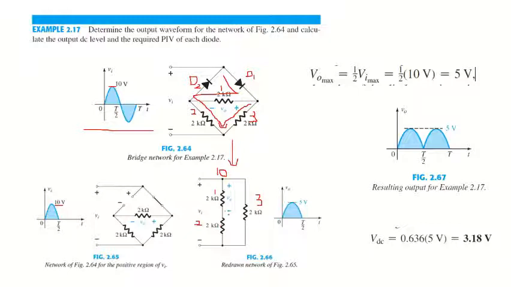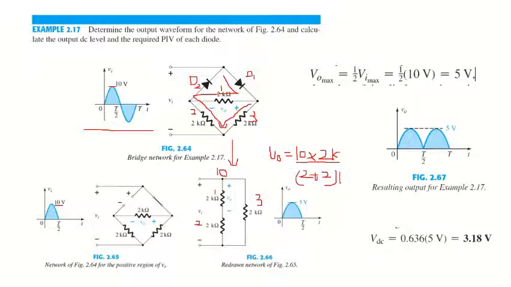Let me write it out using the voltage divider rule: V0 is equal to the applied voltage Vi multiplied by the resistor where you want to find the voltage, this is 2, divided by 2 plus 2.